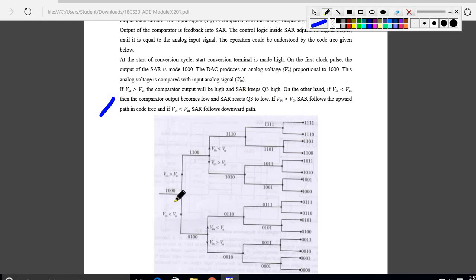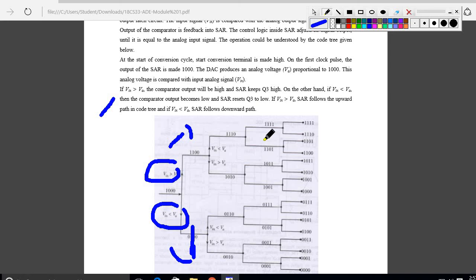On the other hand, if VA is greater than Vin, the comparator output becomes low and it resets Q3 to low.